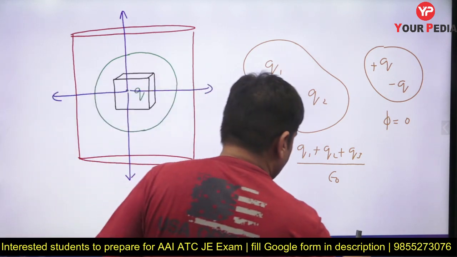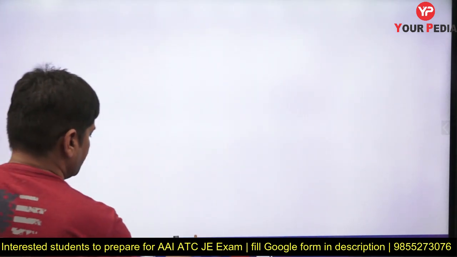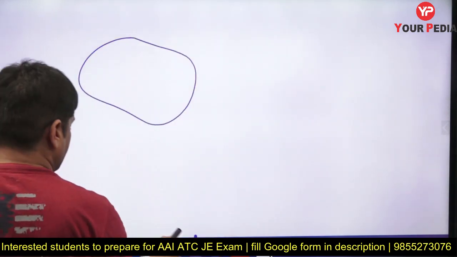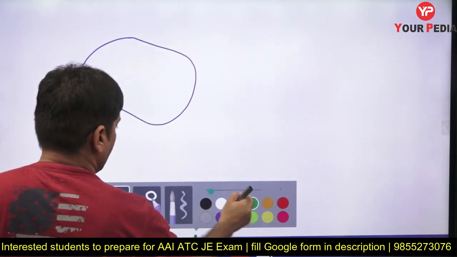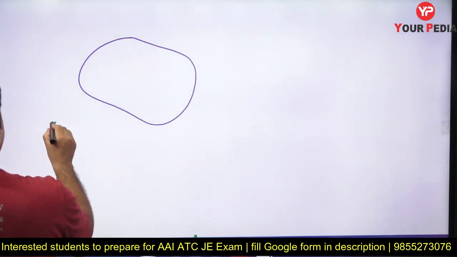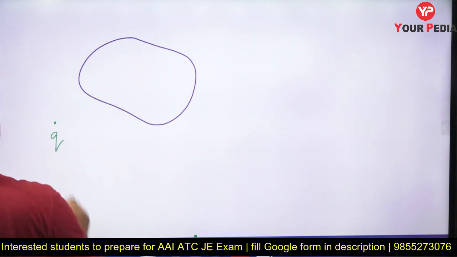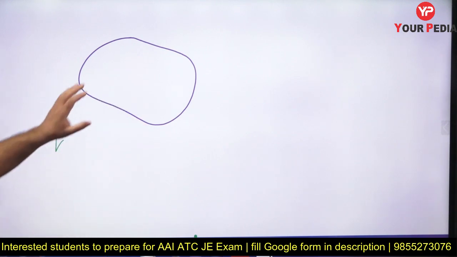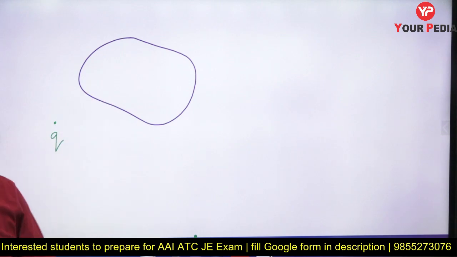Now normally students get confused when I give them this shape and I keep a charge outside. Now I kept the charge Q outside. Let us say I kept this charge outside, not inside but outside. Can you tell me what will be the total electric flux if I keep the charge outside?